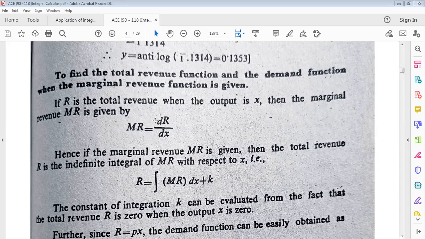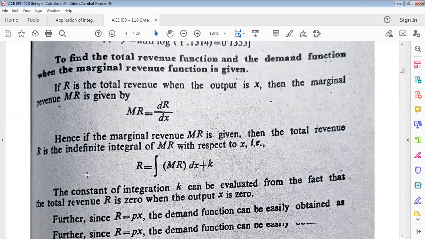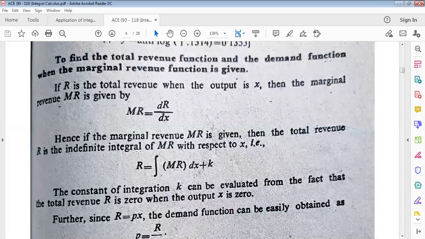Now to find the revenue from this marginal revenue, we must apply integral calculus. Hence, if the marginal revenue MR is given, then the total revenue R is the indefinite integral of marginal revenue with respect to X. That is, if we integrate this marginal revenue with respect to X, then we get the total revenue.